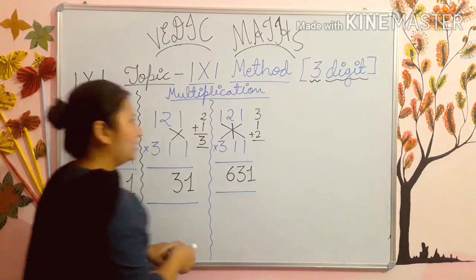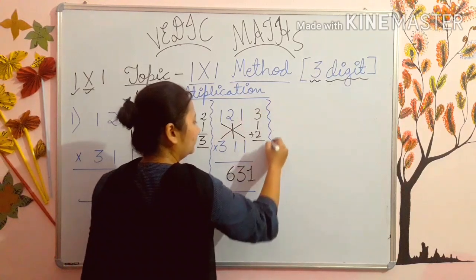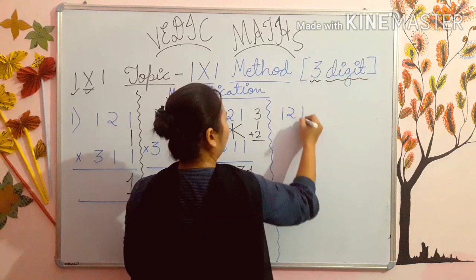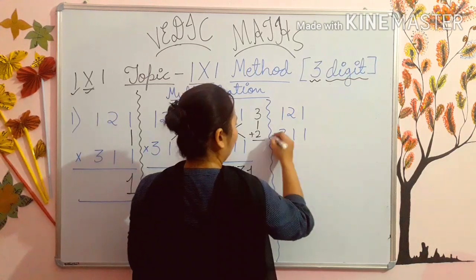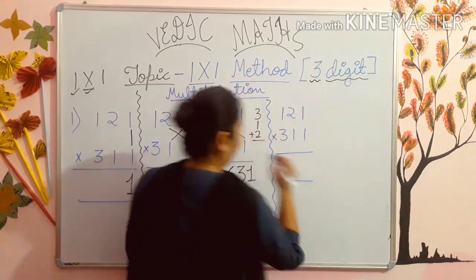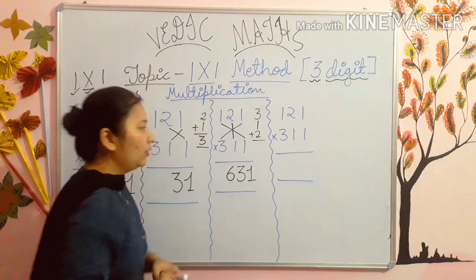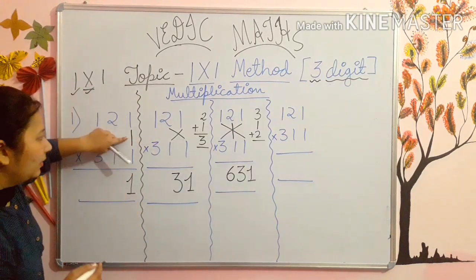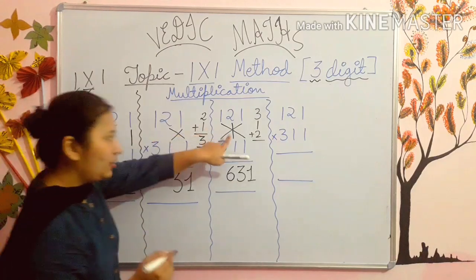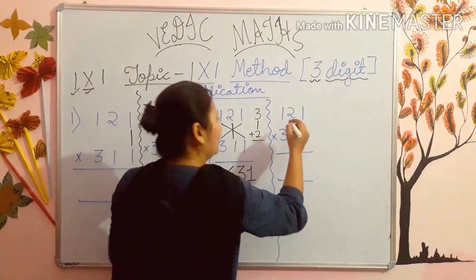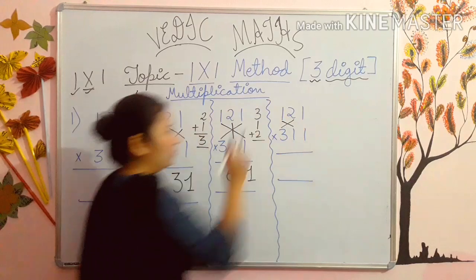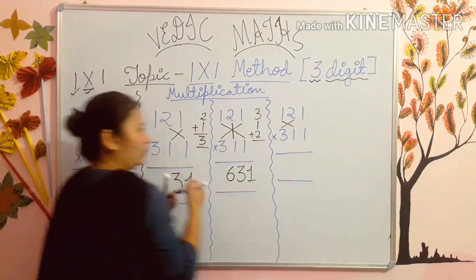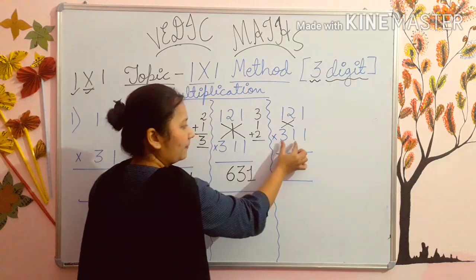Now kids, the next part. Now, first of all, you have multiplied the straight, then cross, then again cross. But the left hand side, last two numbers you will do like this.